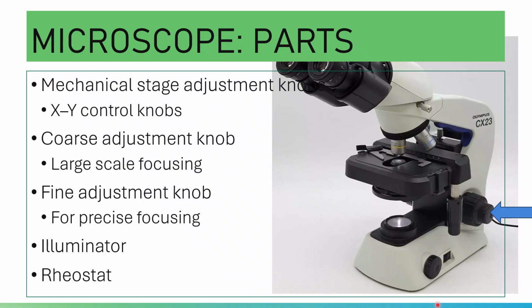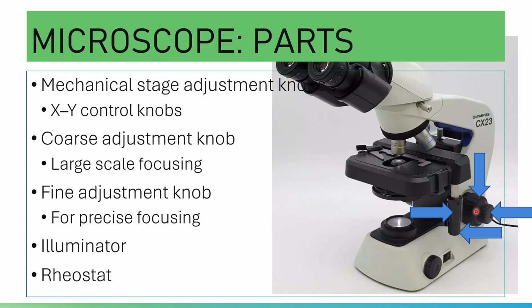And then you have your coarse adjustment knob. By the way, this is your Y knob, and then you have the X knob. This is your coarse adjustment knob. It is for large scale focusing.